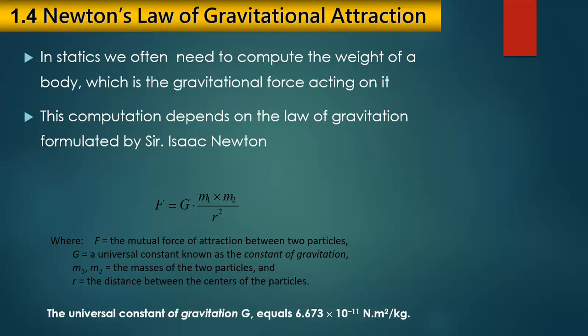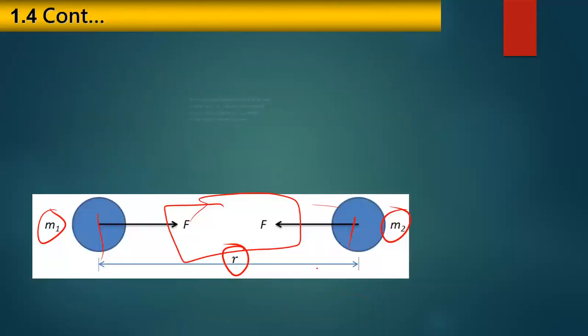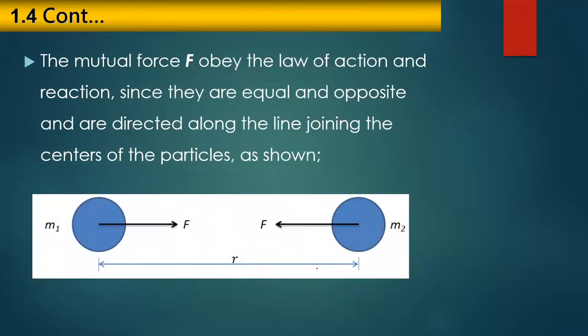The universal constant of gravitation, G, is simply 6.673 times 10 to the power negative 11 newton meter squared per kg squared. So this is what I talked about. If you have the first object with the mass M1 and the other object with the mass M2, we're trying to find the force of attraction between the two objects.